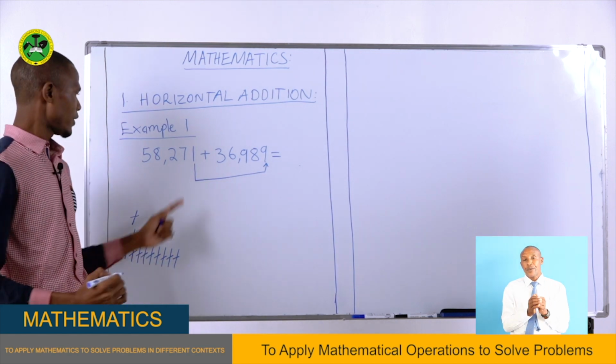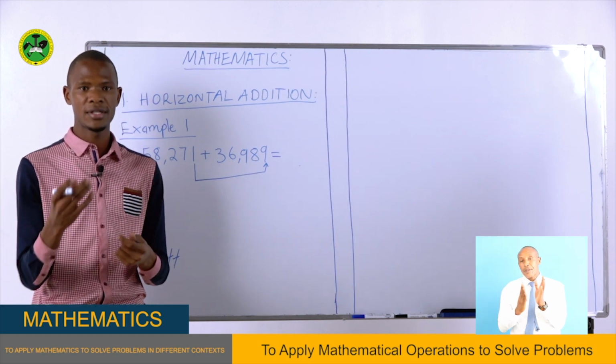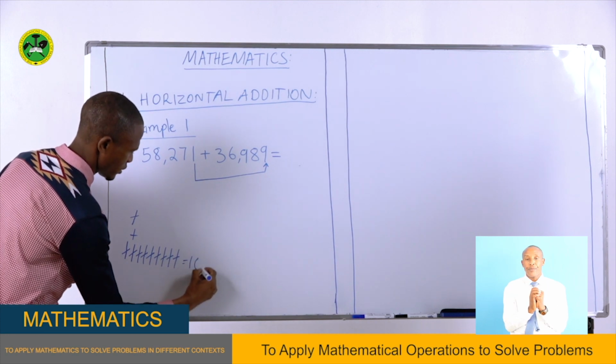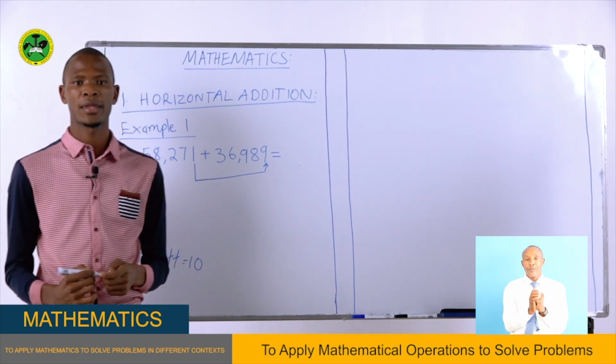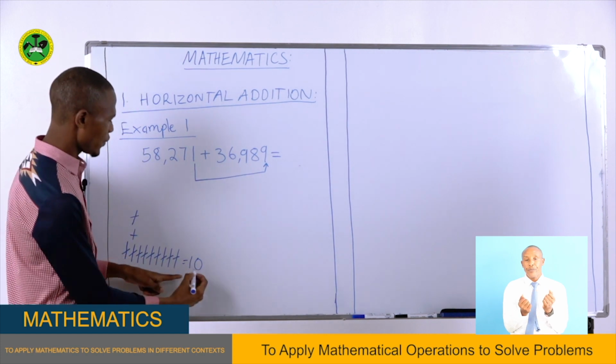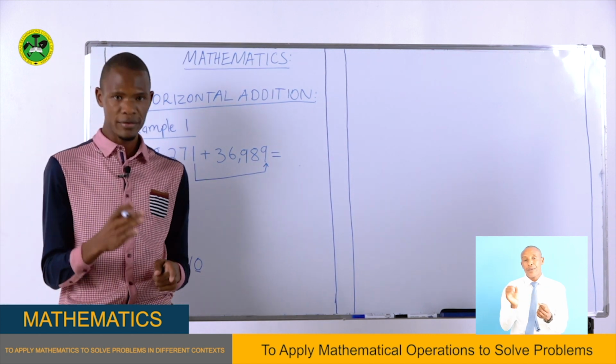So the sum of 1 and 9 gives 10. Therefore, we need to write 0 and then we carry 1 forward.